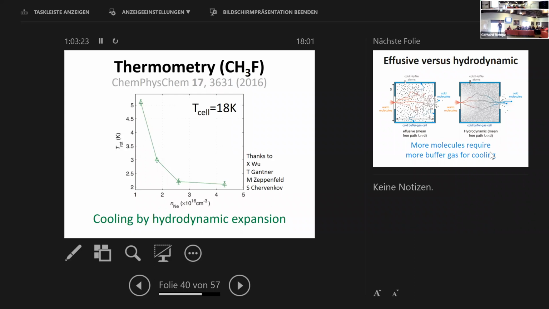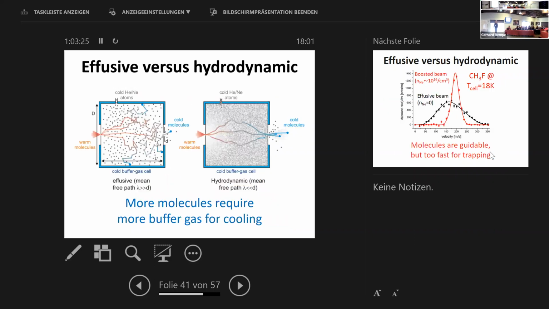Cooling by hydrodynamic expansion. So what is hydrodynamic expansion? Well, it's not a random walk anymore, but the molecules are entrained in the gas coming out. And the reason why we have to increase the density is this: please remember, we want to have as many molecules as possible. We're sending many molecules into the sample, but helium doesn't have a high cooling capacity.